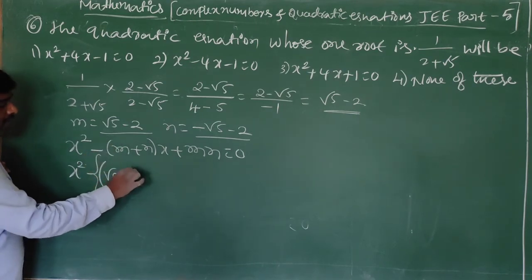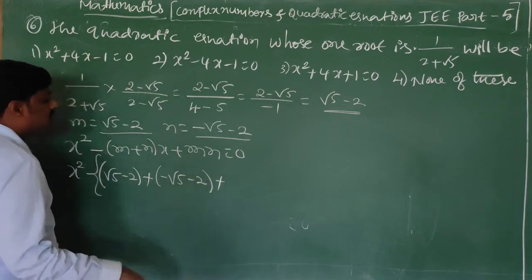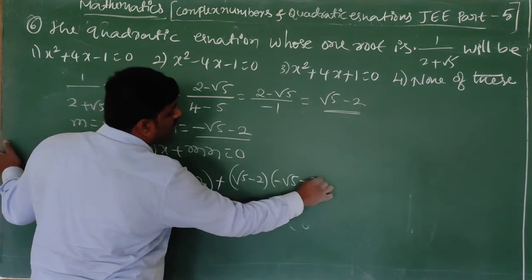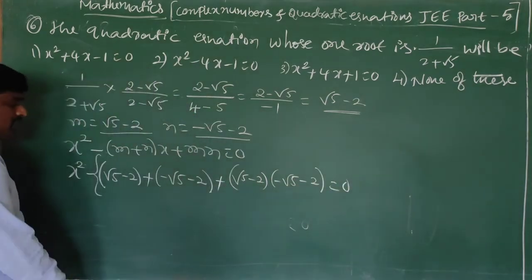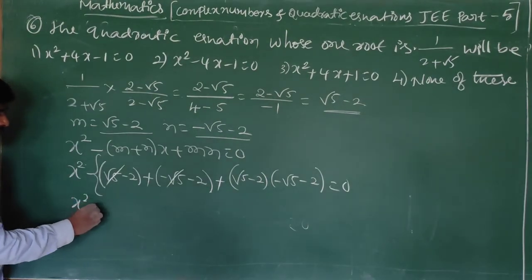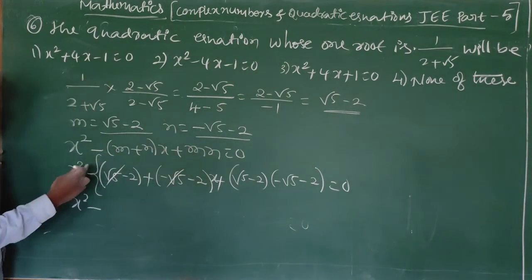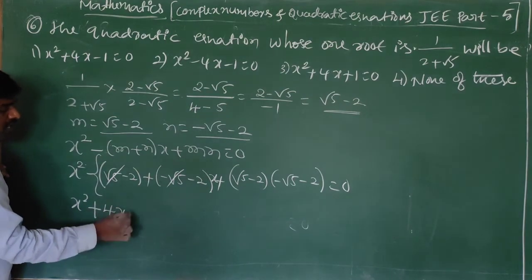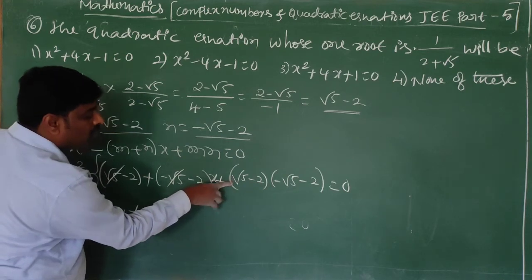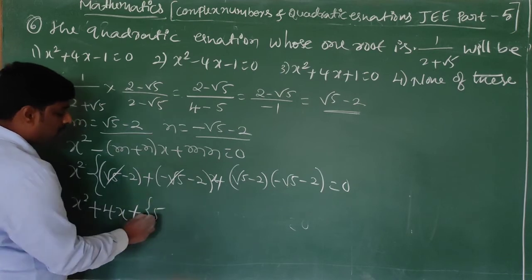x square minus, what is the m value, root 5 minus 2 plus minus root 5 minus 2, plus root 5 minus 2 into minus root 5 minus 2 is equal to 0. Plus root 5 and minus root 5 cancel. x square minus 2 minus 2, how much? Minus 4, so minus into minus plus 4x. Then root 5 into root 5 is 5, so minus 5.